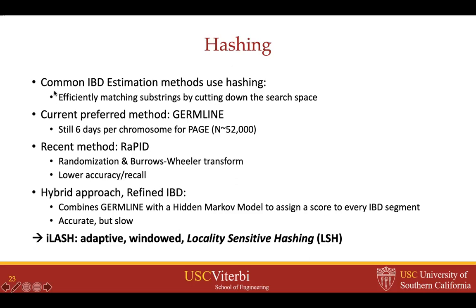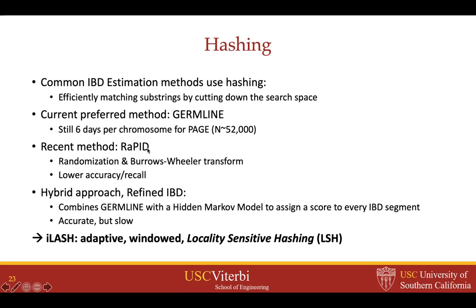The existing standard, when we started this work, was GERMLINE. When I learned that it took about 6 days per chromosome on Mount Sinai's cluster, with every chromosome running on a different computer, I thought that was quite long.